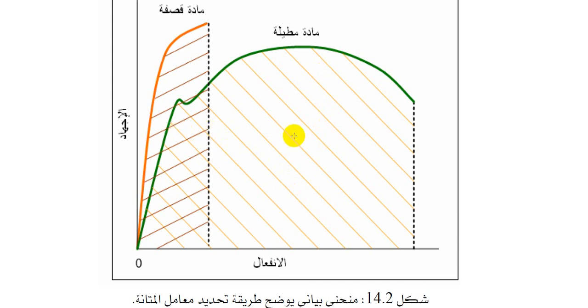As you can see, the toughness for the brittle material is even better than the toughness of the ductile material, just because the ductile material fails right after a huge load cycle, while the brittle material does not fail until a certain point of load is achieved.